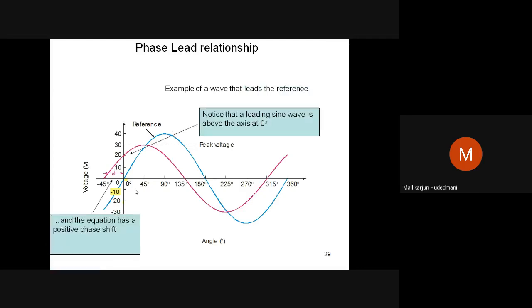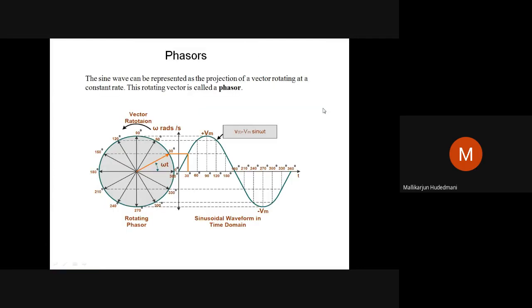Let's see this vector. I have a sinusoidally varying quantity. When I trace it from 0, go to the peak, come down and go to negative, this is a progressive sine wave. Can I represent a progressive sine wave by a vector?